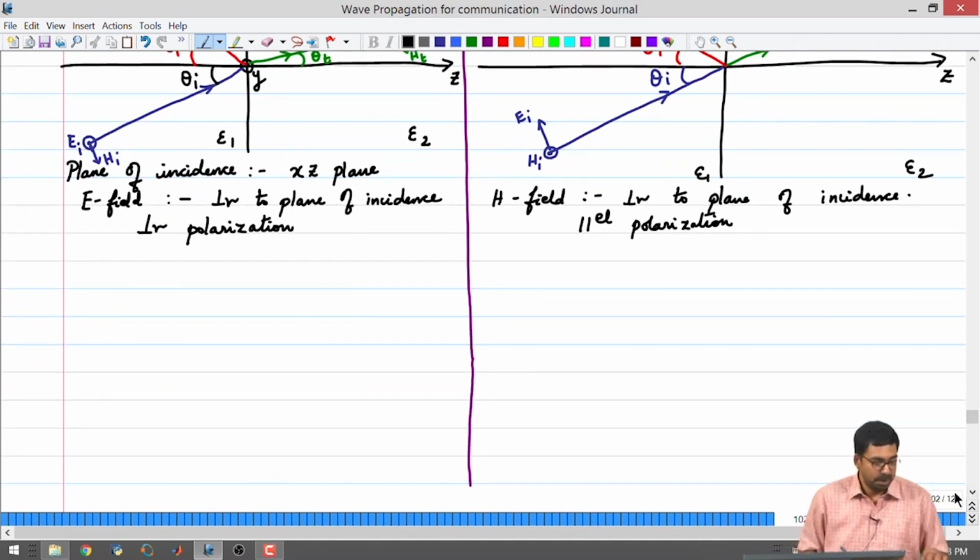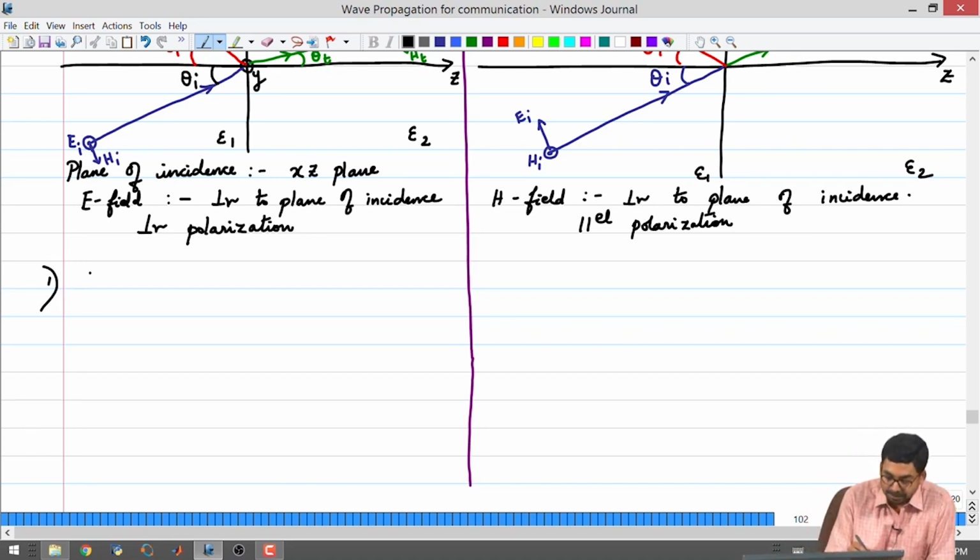Okay. Now, once having created these two systems, then we have to start doing a few things. The first thing that we want to write down is expressions for incident, reflected and transmitted waves in both these configurations. Okay. So, we start with the case on the left hand side.